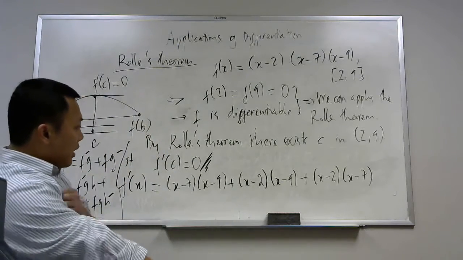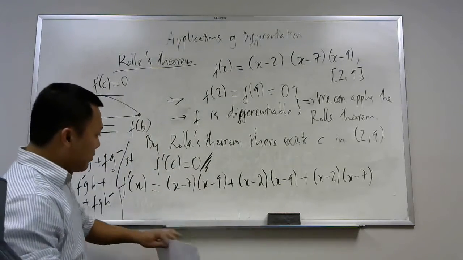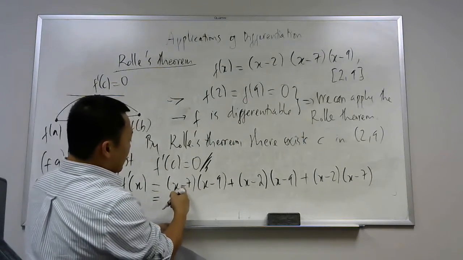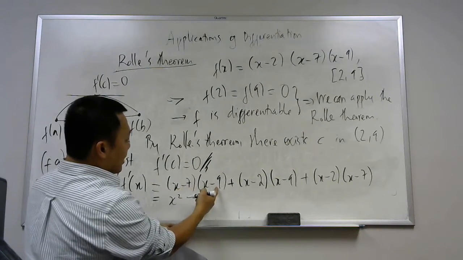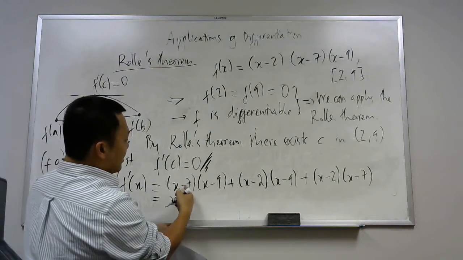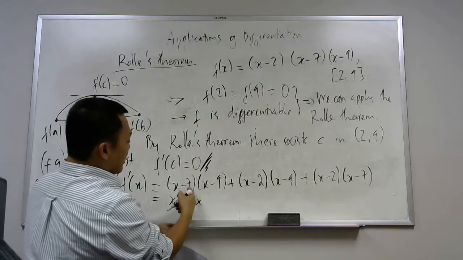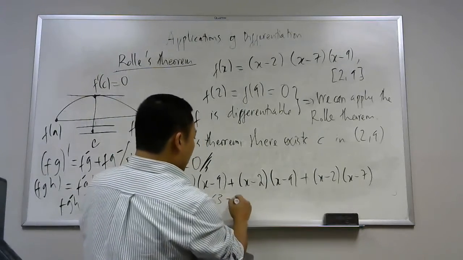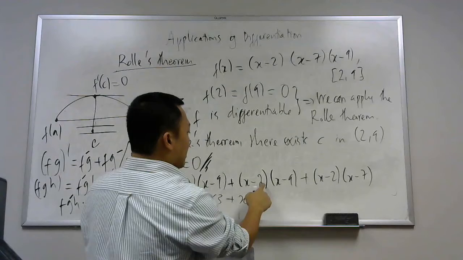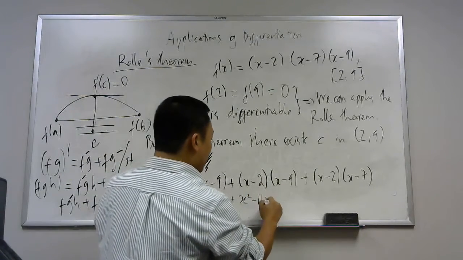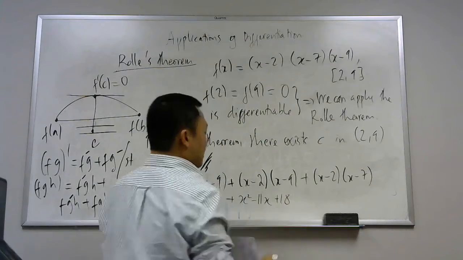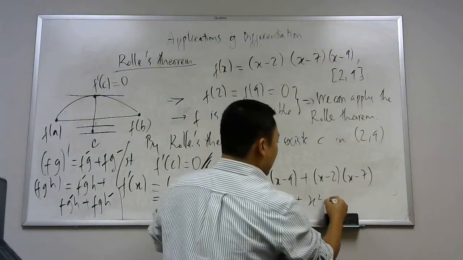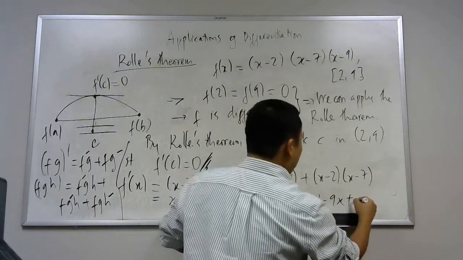And now we have to distribute everything, right? So let me write that. First, x squared, so I have x squared here. Here I have x with negative 9 and negative 7, so I have negative 16x. In this case, 7 times 9 is 63. This is the first. The second one, I have x squared, negative 2 with negative 9 is negative 11x, and then 2 times 9 is 18. Plus x squared again, negative 2 and negative 7 is negative 9x, and then plus 14.